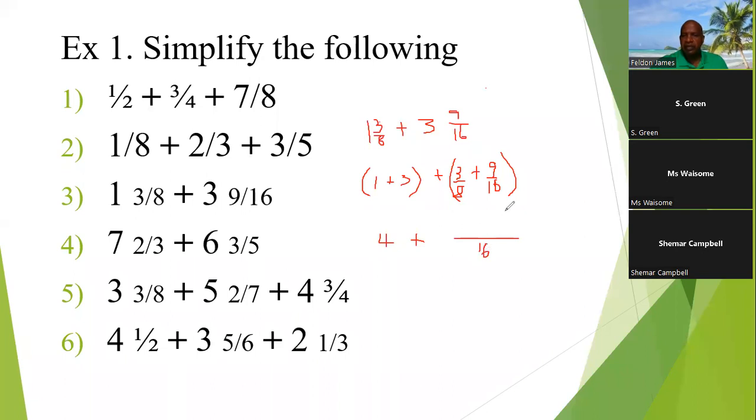Now, what do we do next, Miss Green? We divide the 16 by 8 and you get what? 2, and then you're going to multiply the 2 by the 3. And you get 2 3s give you 6.